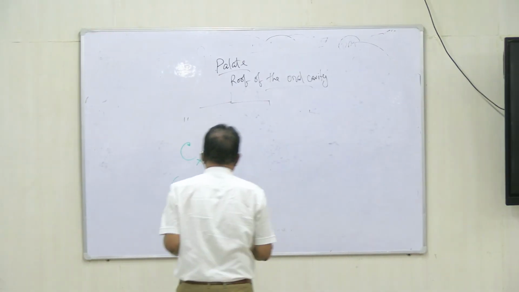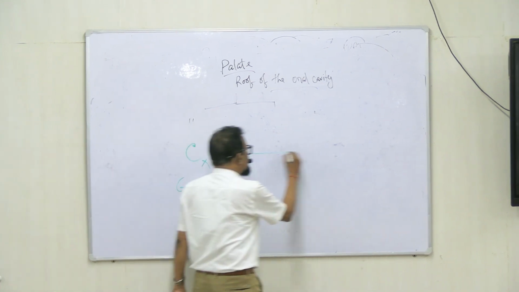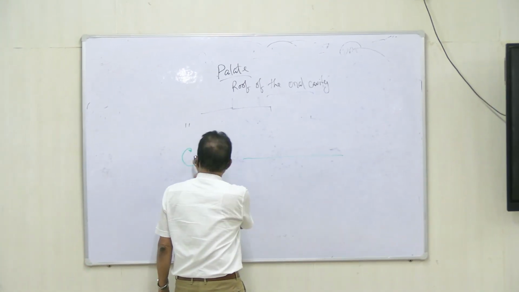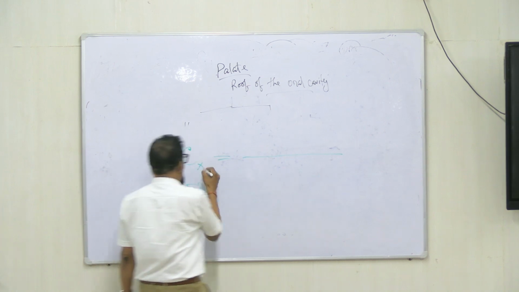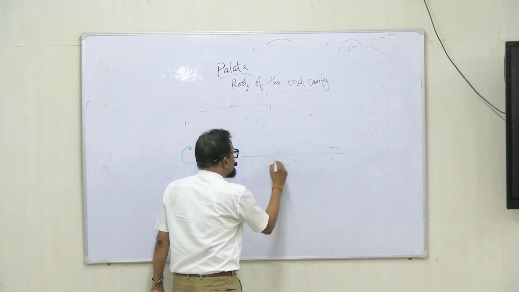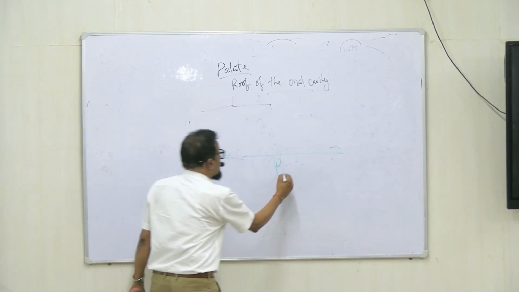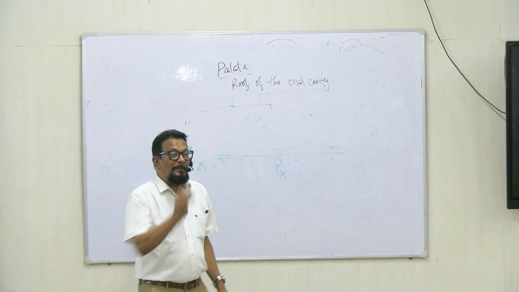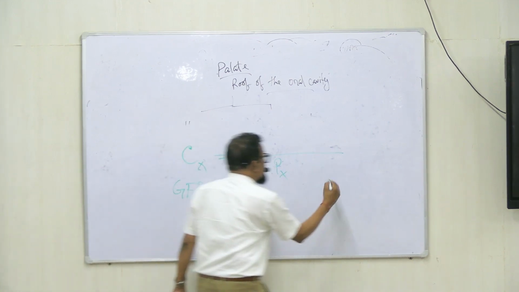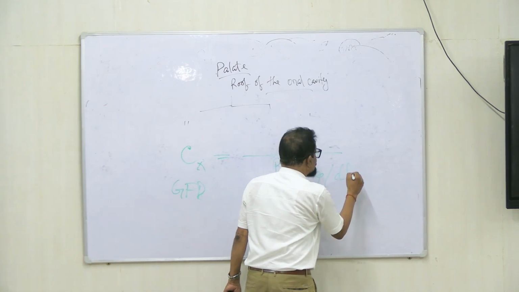How is it calculated? What is the concentration of X in blood, that is in plasma? Its unit is milligram per dl.